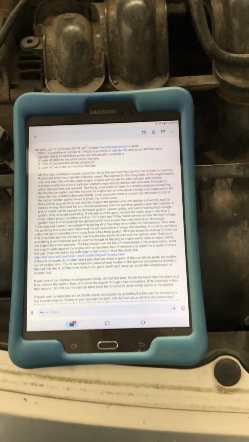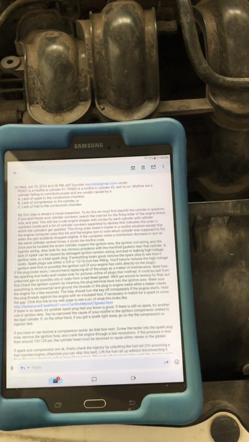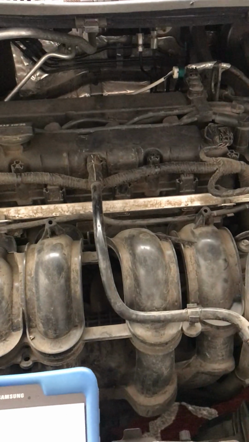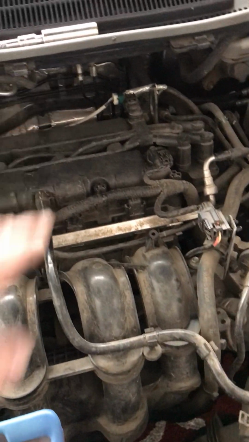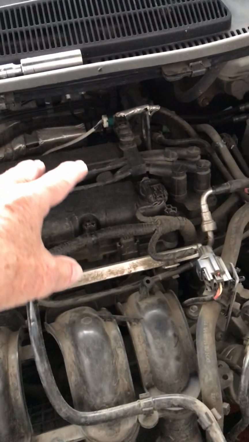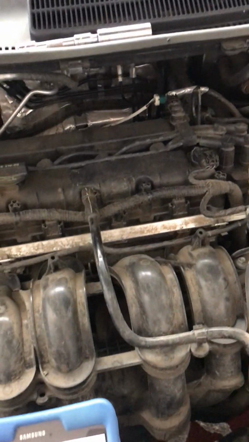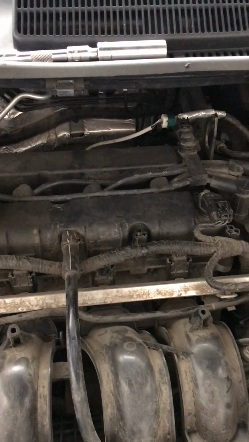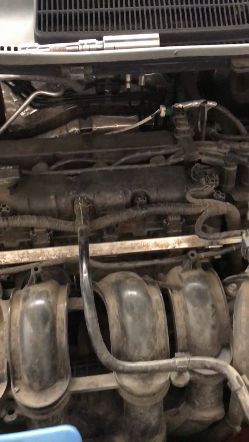Okay, I want to mention that I looked up the firing order just so I'd get the diagram. The firing order itself I don't really care about in the case of a misfire. I know there's something wrong in that cylinder, so I'm looking around here for problems. How does the engine work?